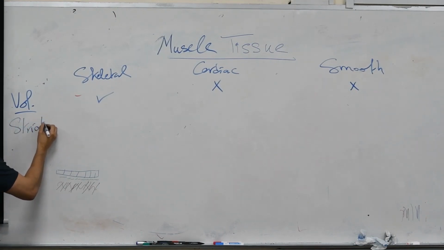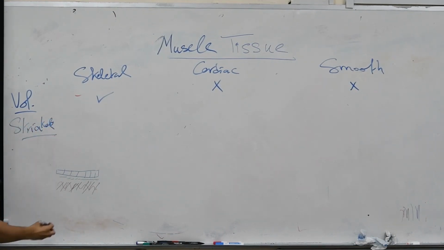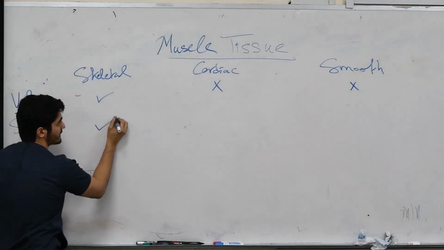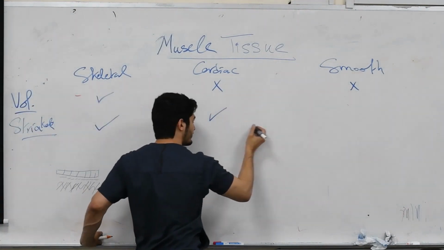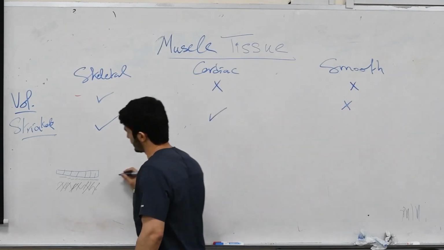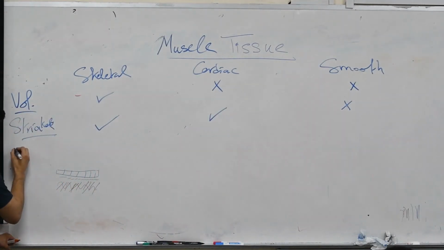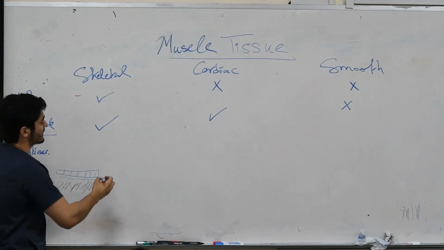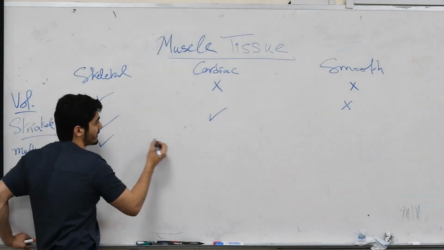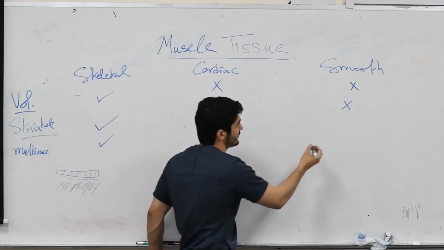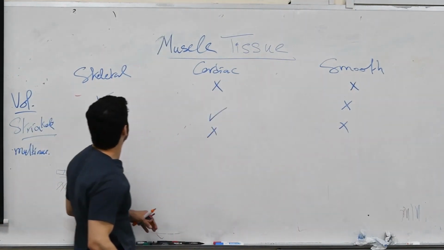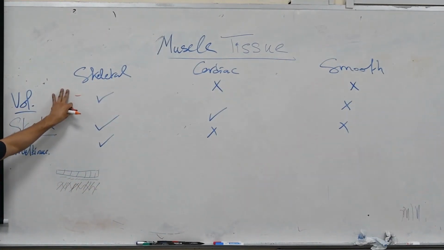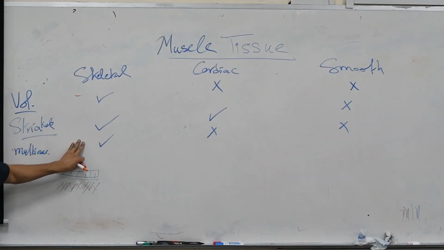Striated. Which one is striated? Skeletal, is it striated? Yes. Cardiac? Yes. Smooth? No. Then multi-nucleus; they like this one. Skeletal, is it multi-nucleus? Yes. Cardiac? No. Smooth? No. So skeletal is the only one that is voluntary and the only one that is multi-nucleus. Okay?